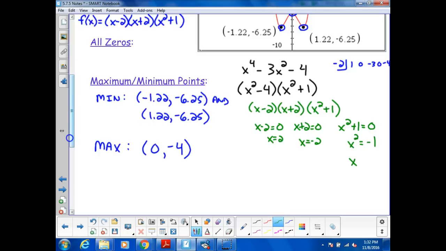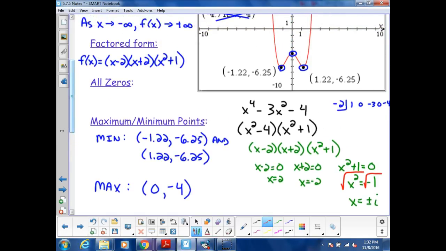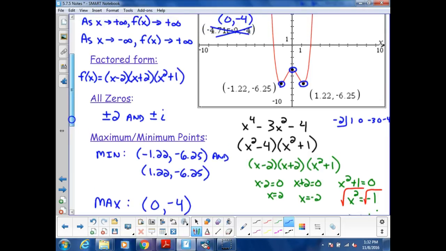So x here is going to equal plus or minus i when I take the square root on both sides right here. Okay. So all of my zeros then are plus and minus 2 and plus and minus i. Okay?